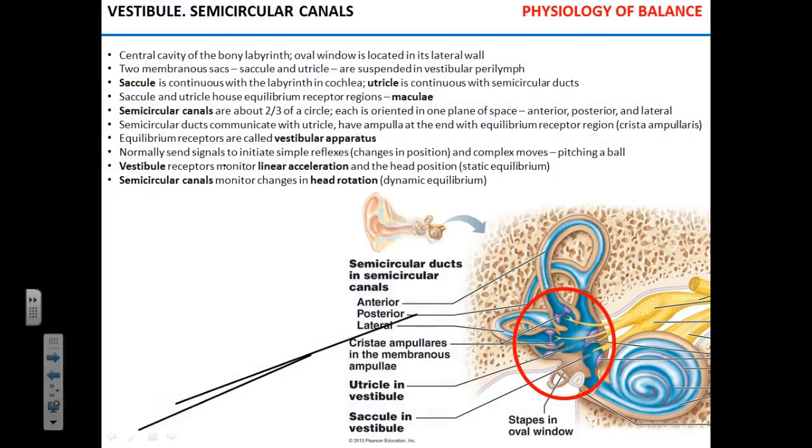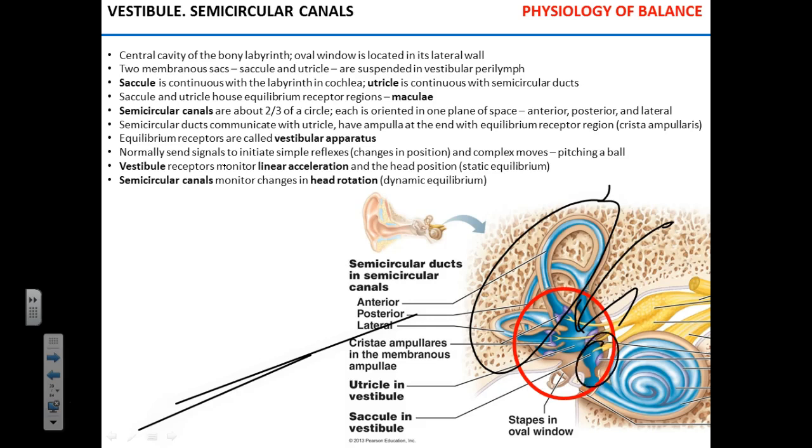So the structures responsible for balance, there are two of them in the ear: the vestibule and the semicircular canals. The vestibule, which is part of the bony labyrinth, houses two sacs, the saccule and utricle.